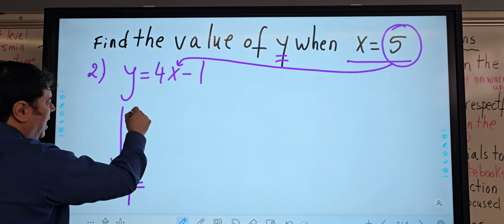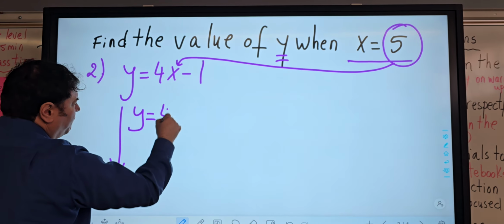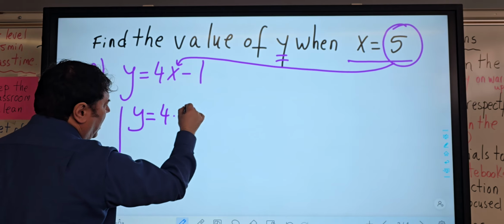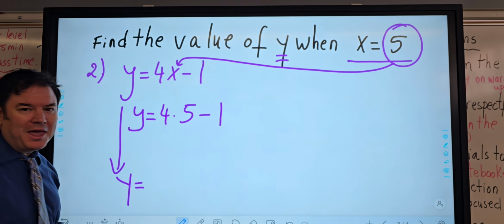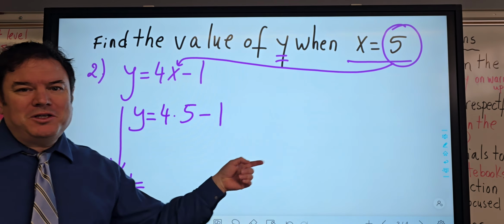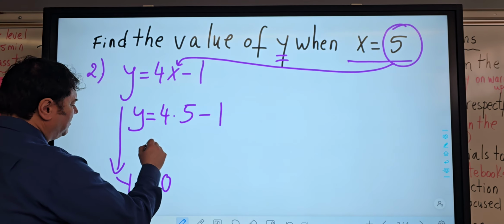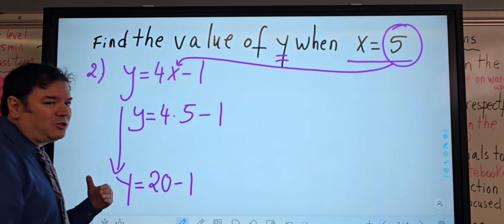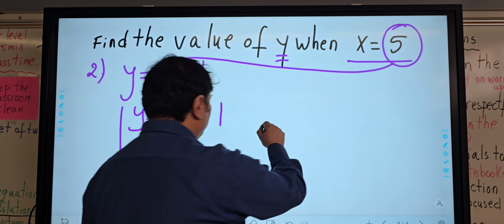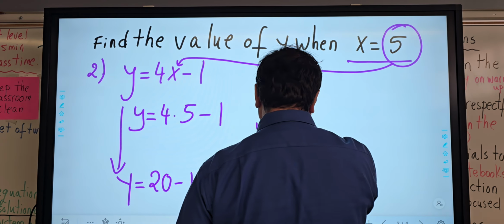So we have y equals 4 times, instead of x we put 5, minus 1. And everyone should know 4 times 5 is 20, right? So y equals 20, minus 1, and 20 minus 1 is 19. So final answer, y equals 19.